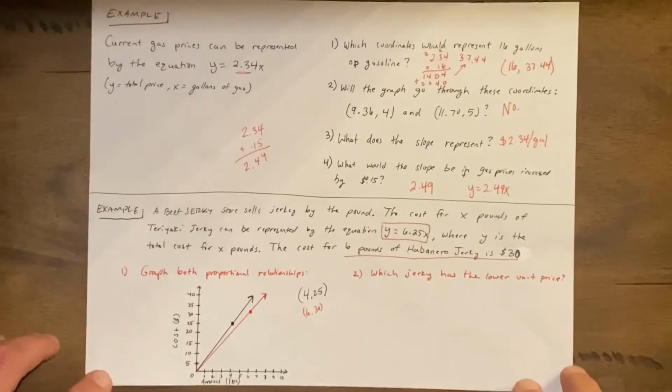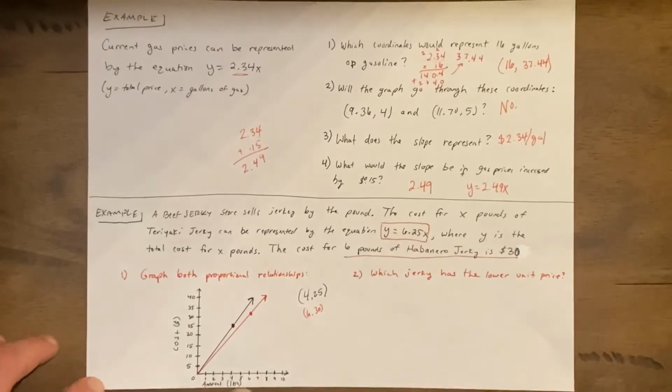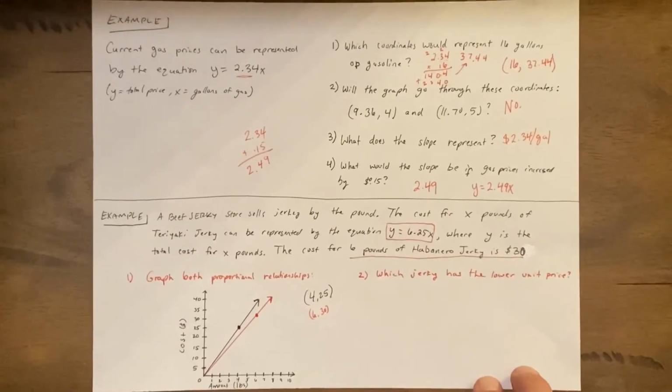Okay, so just based off the graph, we're going to be able to see which one costs more. The one that costs more is going to have the bigger slope or the greater slope. So if we look here, teriyaki's in the blue, habanero's in the red. So just based off that, which one do you think is going to have the higher unit price? Probably teriyaki, because it's a little greater slope.